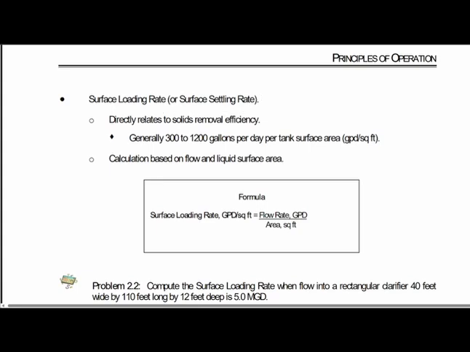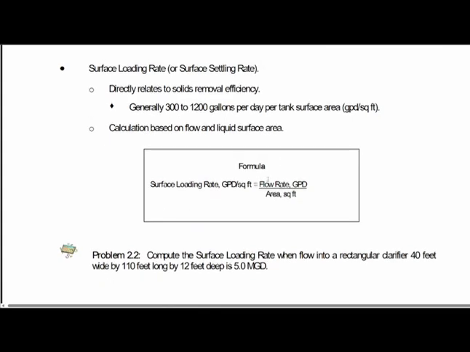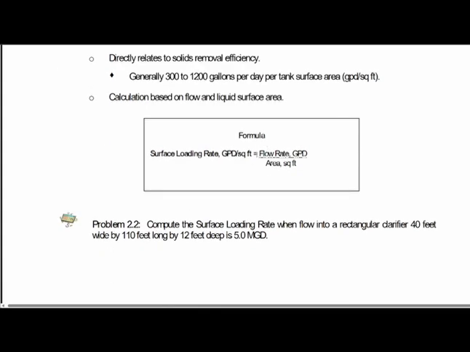It's generally between 300 and 1,200 gallons per day per square foot of tank surface area. Calculations are based on flow and liquid surface area, and this is just another easy division. You get your flow rate and divide it by the area.